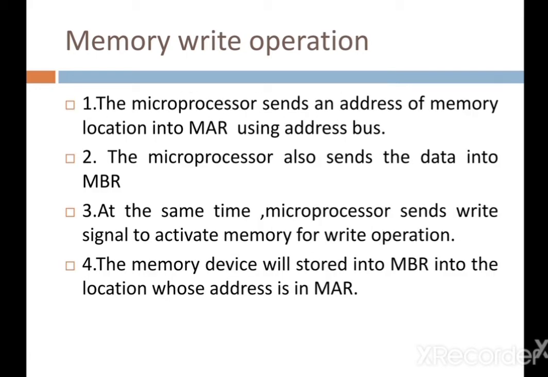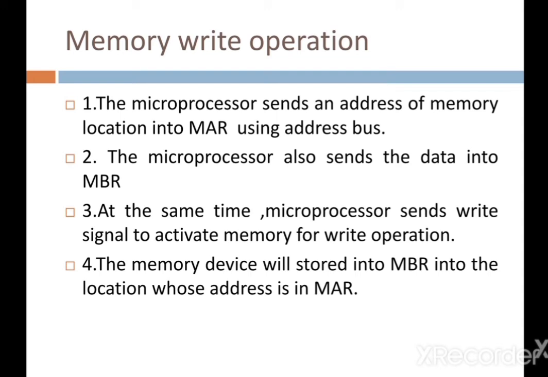First step of the memory write operation: the microprocessor sends the address of the memory location into the MAR using the address bus. Second step, the microprocessor also sends the data into the MBR. And third step, at the same time the microprocessor sends the write signal to activate memory for write operation.